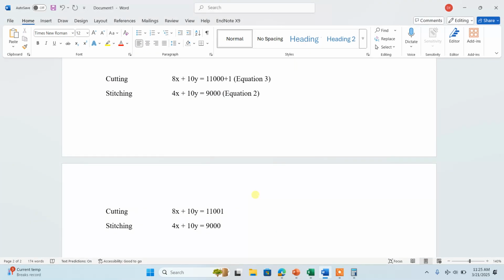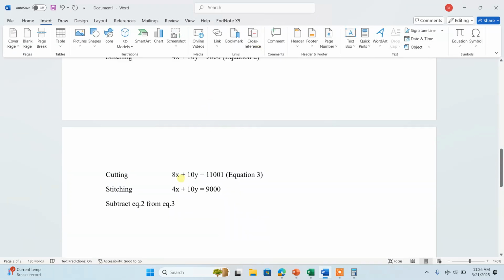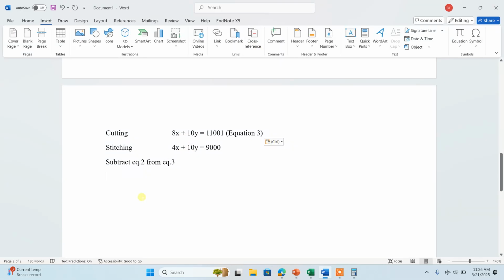Now you can see that if you subtract equation 2 from equation 3, this is actually equation 3. So again, if it's subtracted, ny will be finished, and you will be left with 4x equal to 11,001.